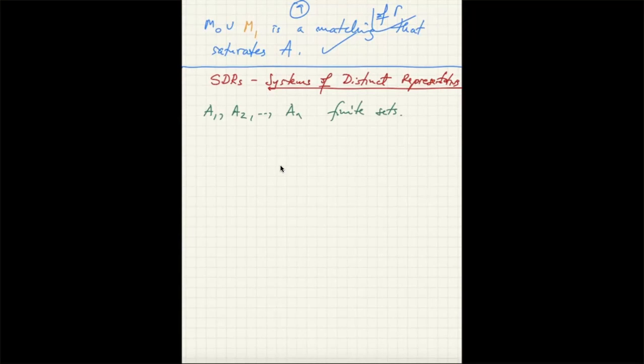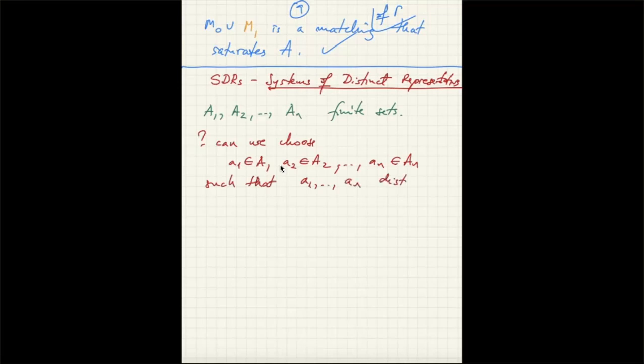And what we wonder is, can we choose a1 from A1, a2 an element of A2, and so on, an an element of AN, such that a1, a2, ..., an are all distinct?